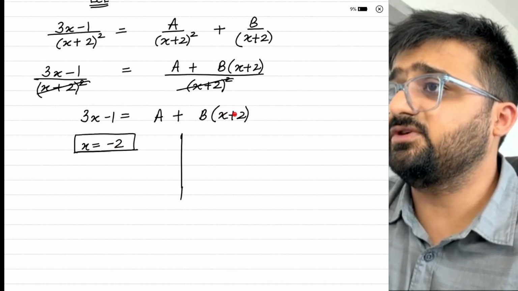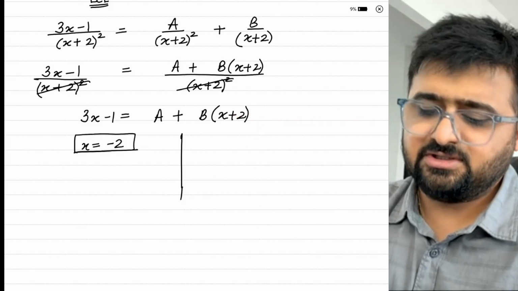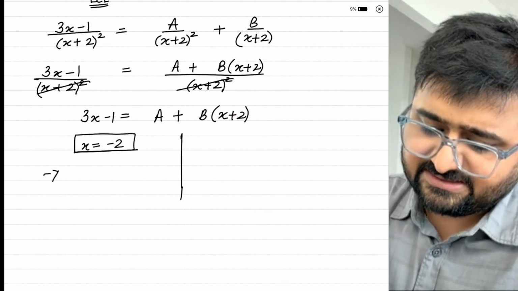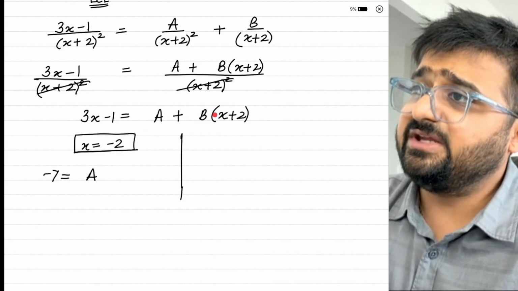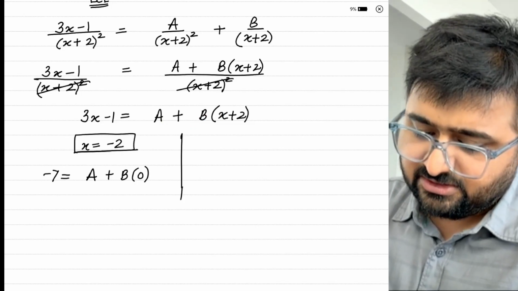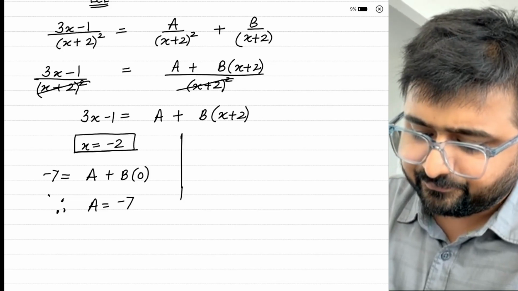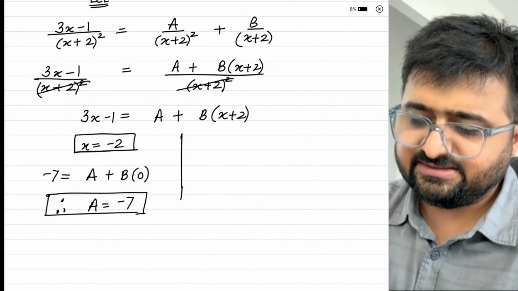Because then the term b(x plus 2) will become 0, since minus 2 plus 2 is 0. So this will become minus 6 minus 1, minus 7, is equal to a plus b times 0. Therefore, a is equal to minus 7.